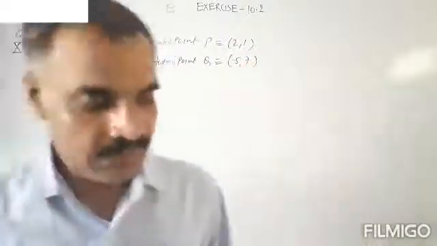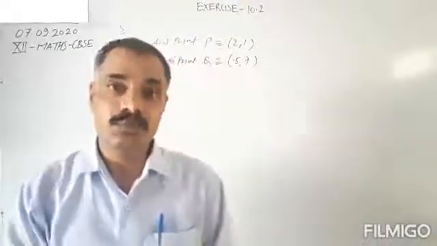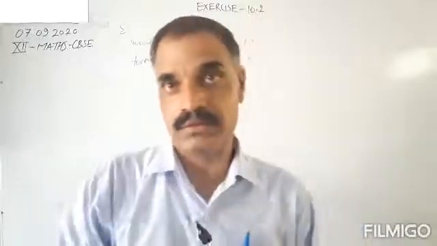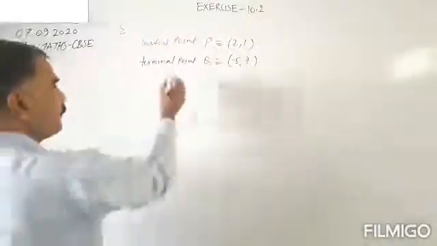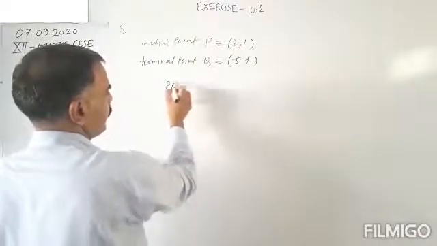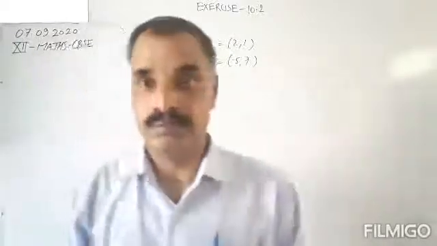Okay, and we have to find the scalar and vector components of the vector with initial point and terminal point. Okay, the initial point is written first and the terminal point is written second, PQ vector. Okay, so the required vector is PQ vector.